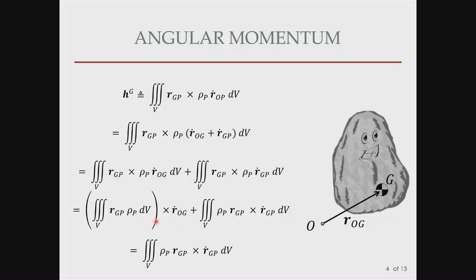And this integration and the cross product with this vector, which is constant as I'm integrating, yeah, not constant in time, but with respect to the integration, it's like a constant. So I can take this cross ROG dot vectorially outside of the integral, okay? Is it fine?